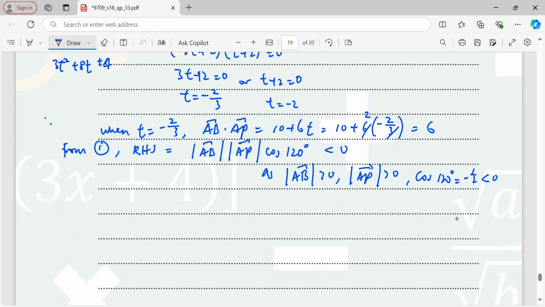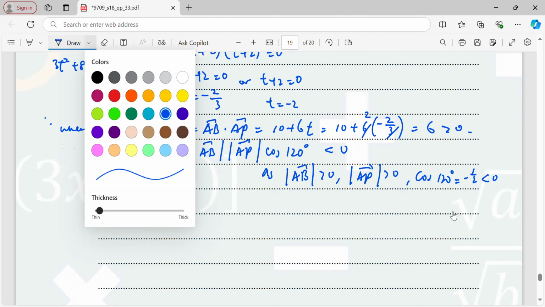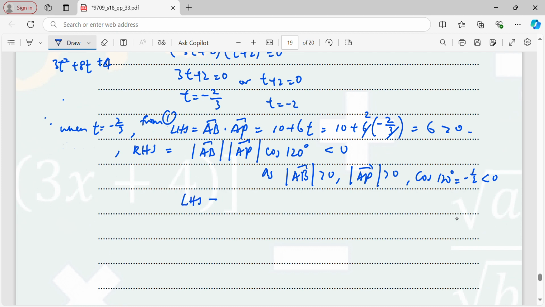So now, but then for the left hand side, the AB dot AP is positive 6. This is positive. That means now here, right, this is the left hand side. I will write here, from first, left hand side. Right? So now left hand side is not the same as right hand side at this moment. So left hand side is not equal to right hand side when t equals negative 2 over 3. That means the t cannot be negative 2 over 3.